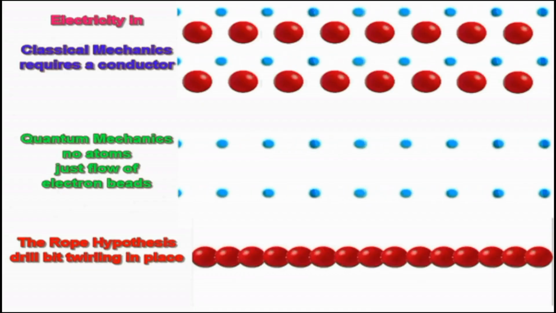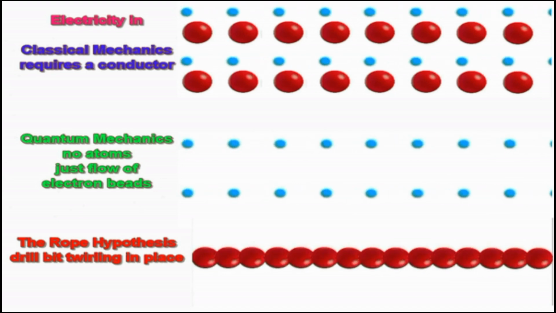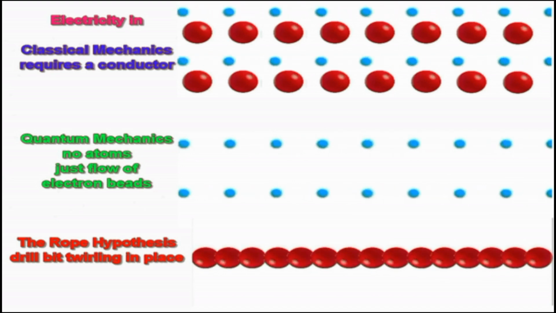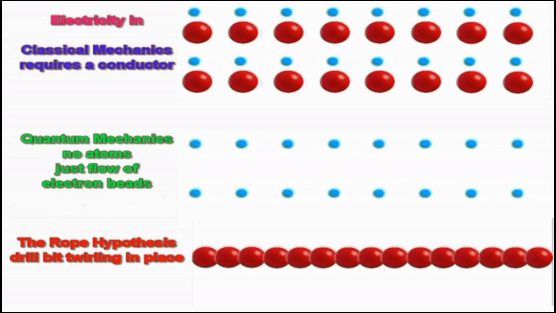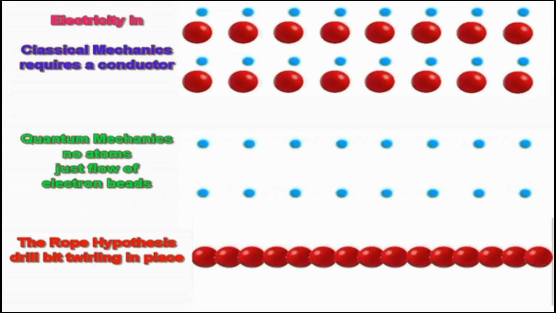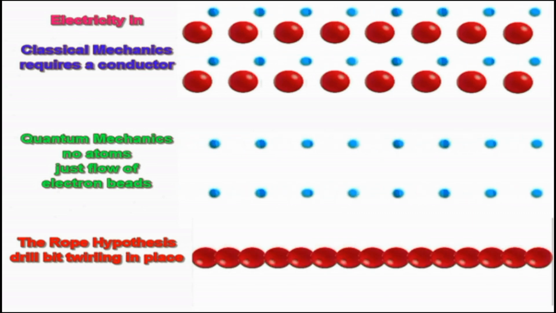Okay, and here it is. You have classical mechanics, which believes it's a flow of electron beads from valence band to valence band, from one atom to another. It's really not the classical in a sense that classical mechanics never really had this kind of atom. But I'm sure if we brought James Maxwell back to life and said, look, the electron is a little bead orbiting the atom, this is what he would come up with.